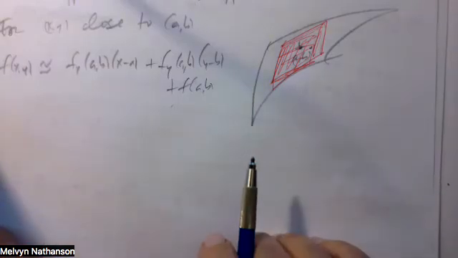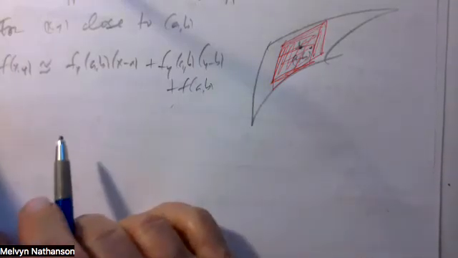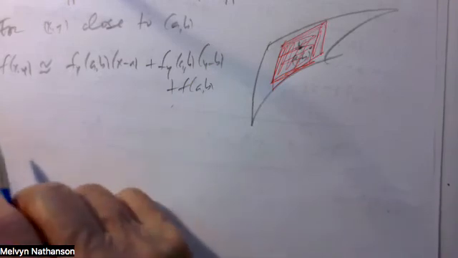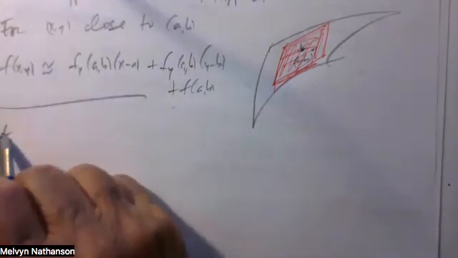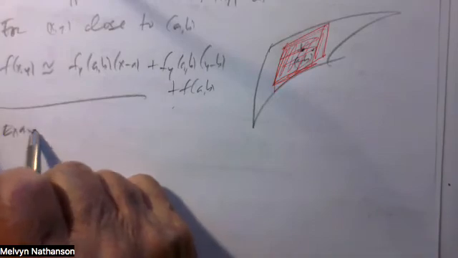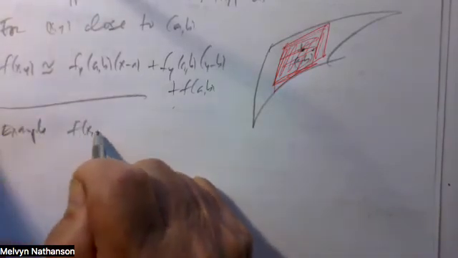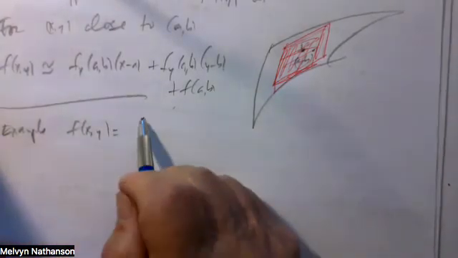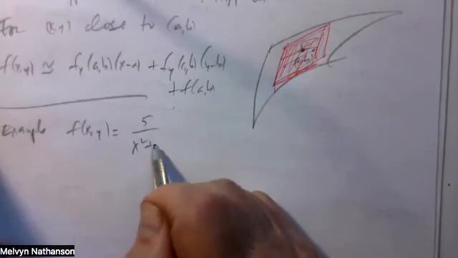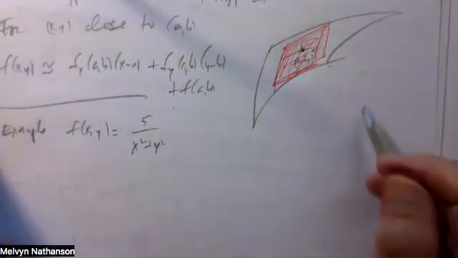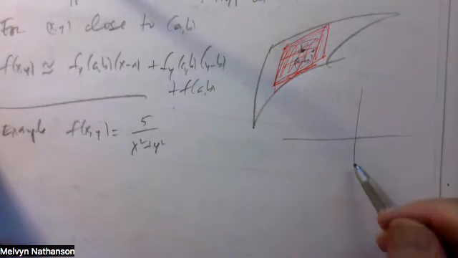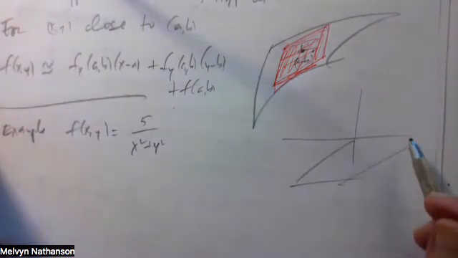So what's an example of a linear approximation? Suppose f of x, y is the function 5 over x squared plus y squared. So what does that look like?